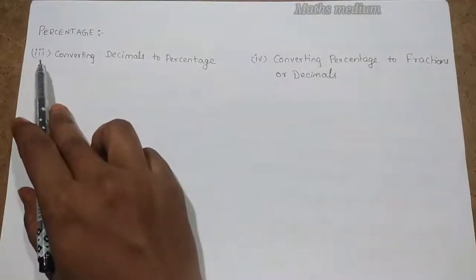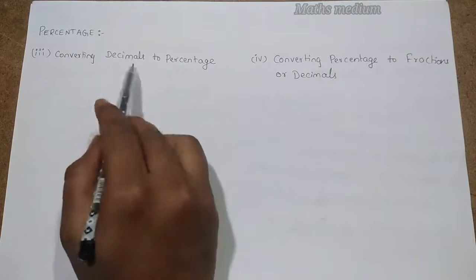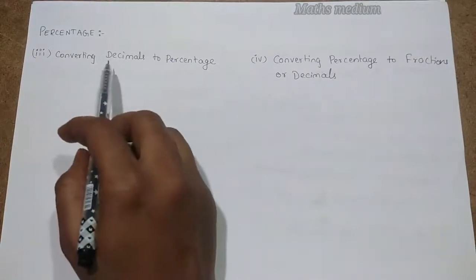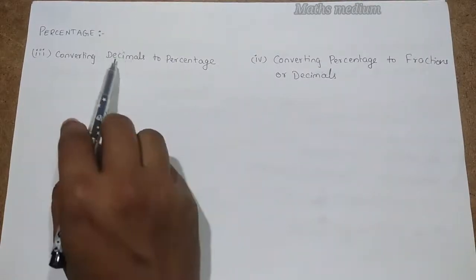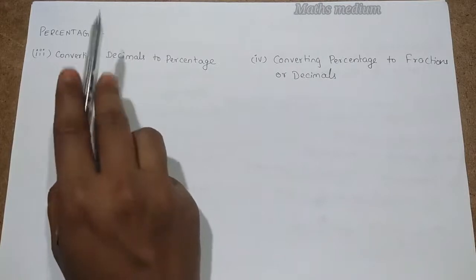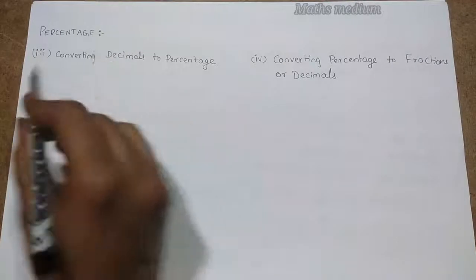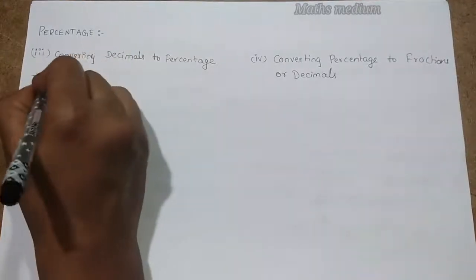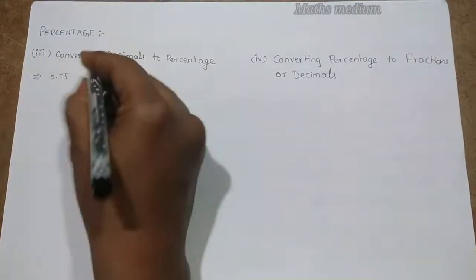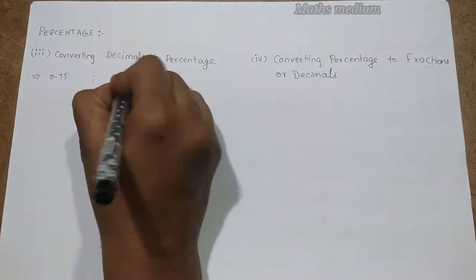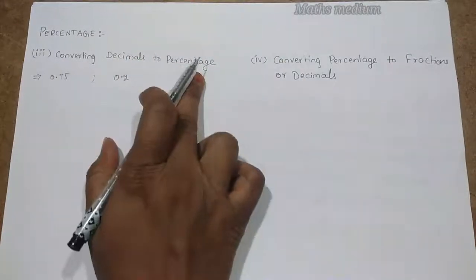Third one is converting decimals to percentages. Here also the same procedure, but in this case we have decimals. First of all, convert the decimals into fractions, then convert them into percentages. That's it. Let's start. If you take 0.75 and 0.2, we have to make them into percentages.